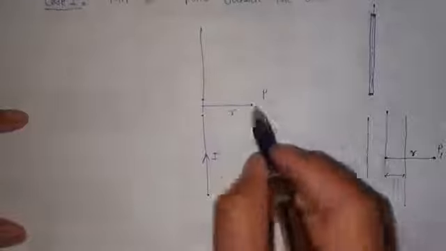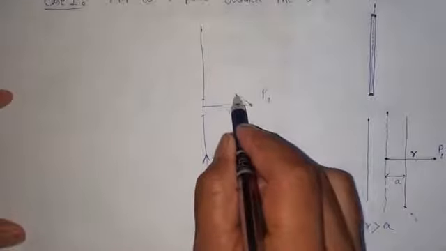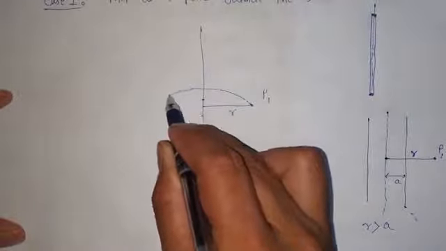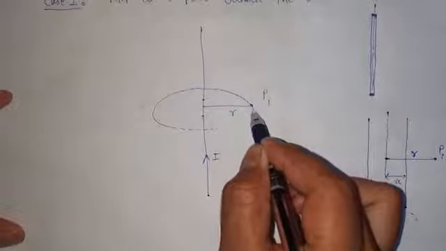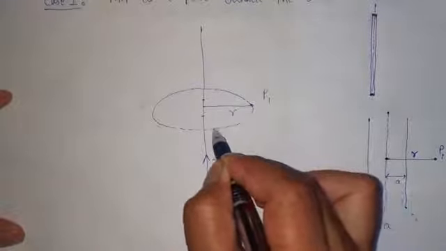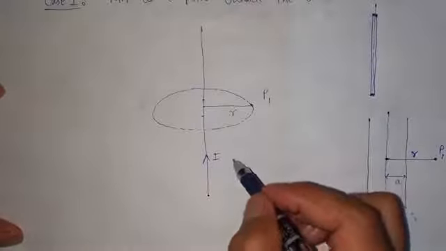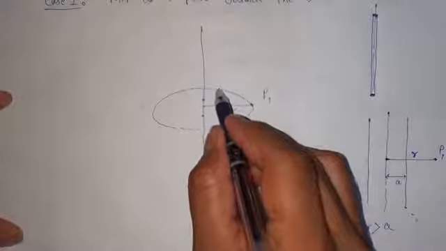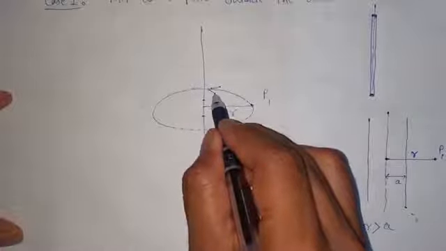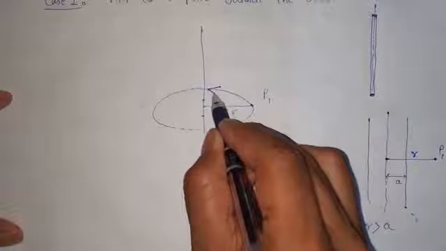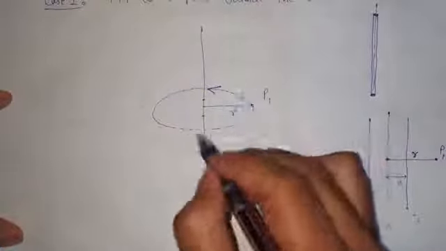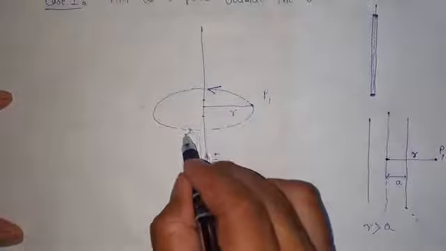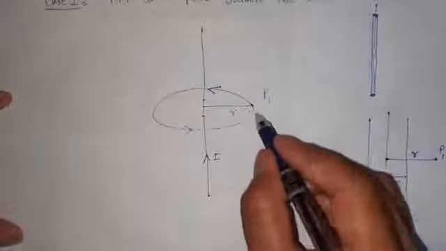Now according to Ampere's circuital law, you have to draw a circular loop which passes through the point where you want to find the magnetic field. This is the circular loop I have considered, and let us consider the direction of the loop to be anti-clockwise.